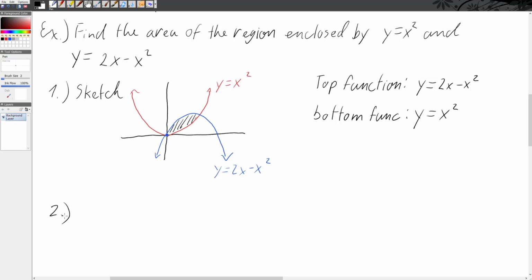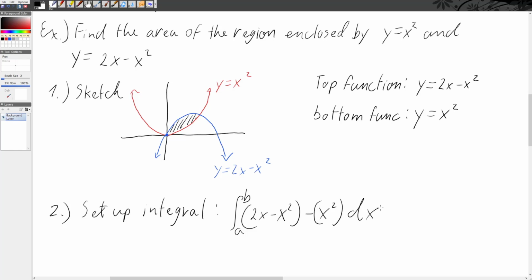So now we want to set up the integral, knowing which function is on top and which is on the bottom. The integral is going to be the top function minus the bottom function. And there we go. Now we just need to solve this.